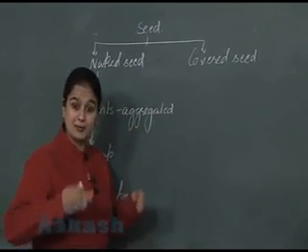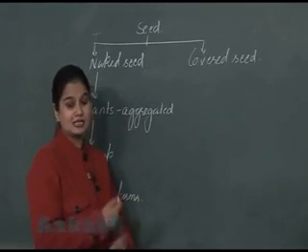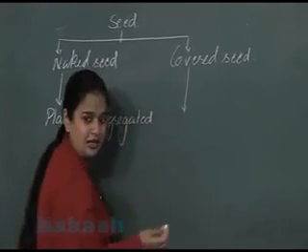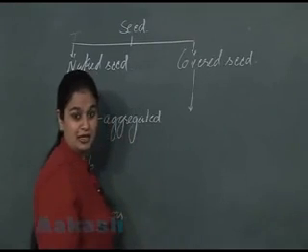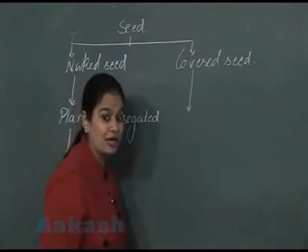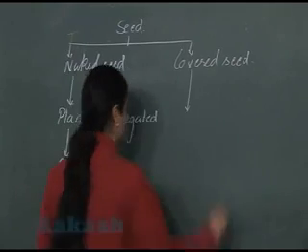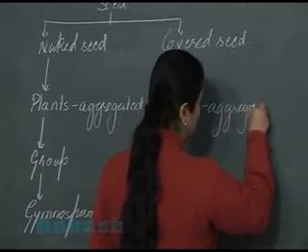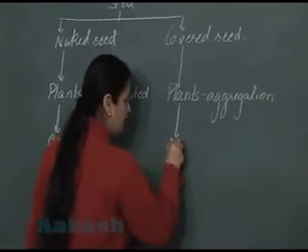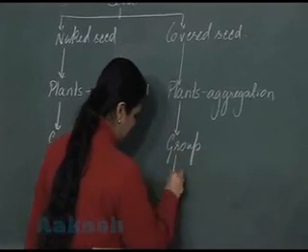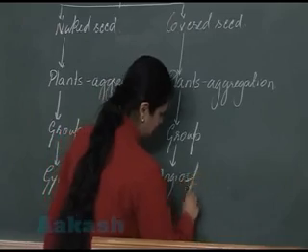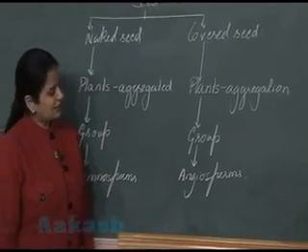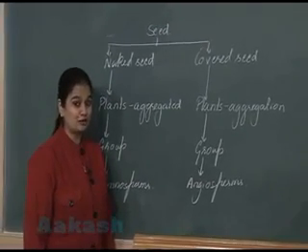Now you can easily understand what is the covered seeded condition. It means the seeds are present inside the ovary, inside the fruit. All the plants which show this condition, we aggregate them, and the group formed is now known as angiosperms. So the grouping of organisms with the help of these two examples is very clear.